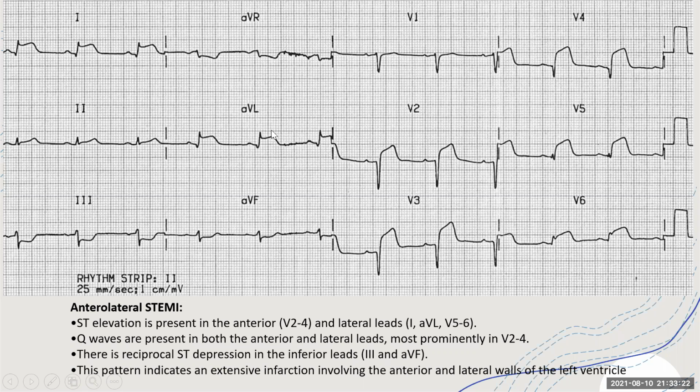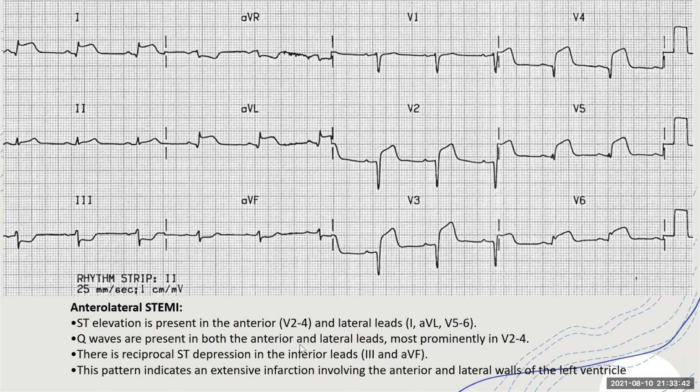AVL, ST elevation here. V5 and V6 here. So when V5, V6, 1 and AVL are involved, we can say it's a lateral MI. When V2 to V4 are involved, it's an anterior MI. And when we see all together, we say it's an anterolateral ST elevation MI.